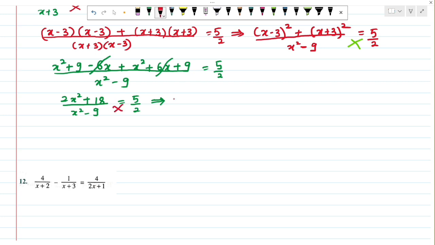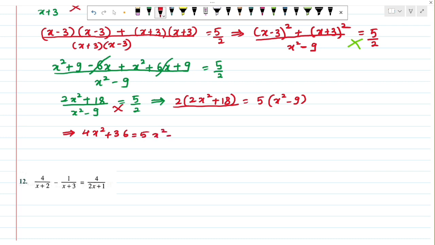What I'll get here is 2 of (2x square plus 18) equals 5 of (x square minus 9). So now I'll get 4x square plus 36, which is equal to 5x square minus 45.